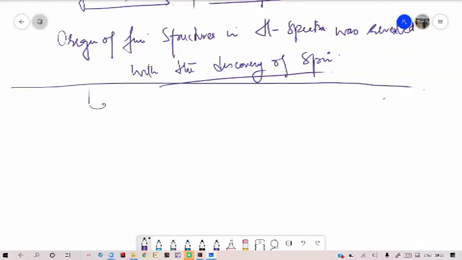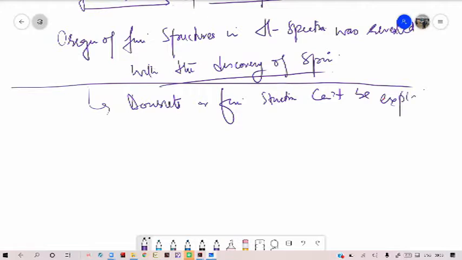And an important point is that those fine structures, or doublets, cannot be explained by the Schrodinger equation.